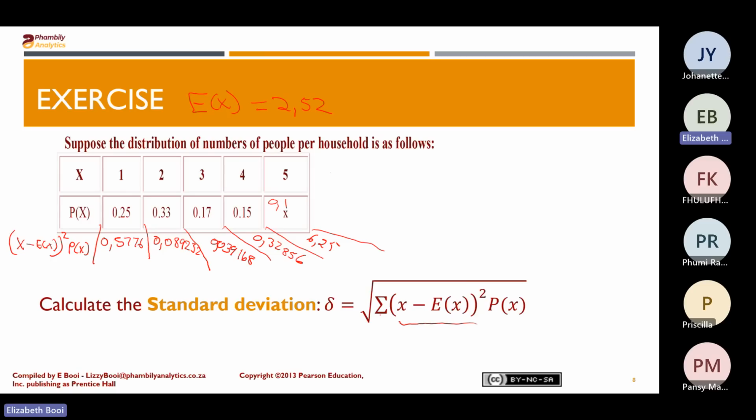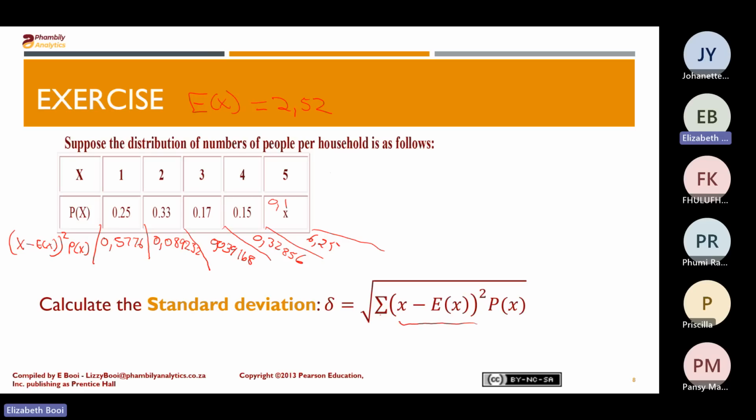So it's 0.5776 plus 0.089232 plus 0.039168 plus 0.3285 plus 6.25.